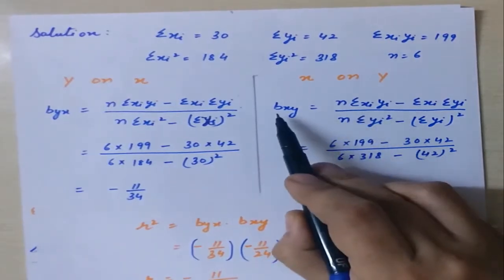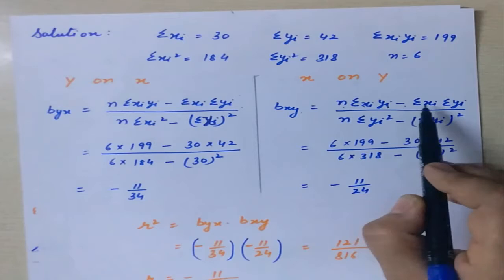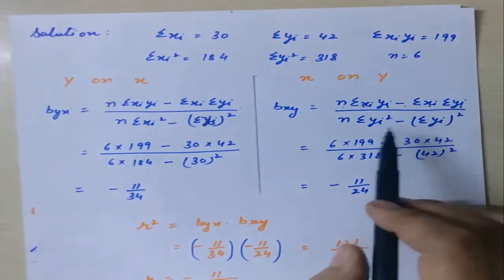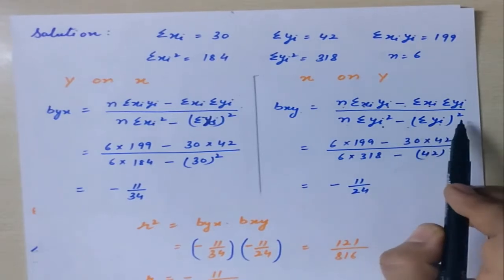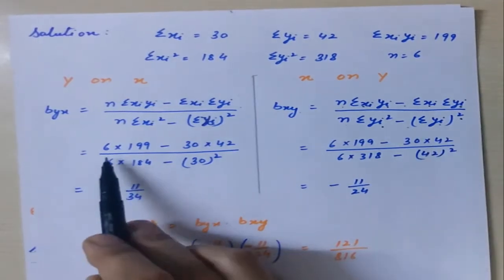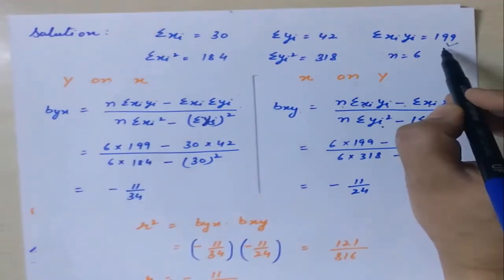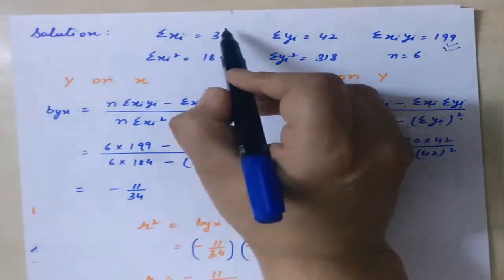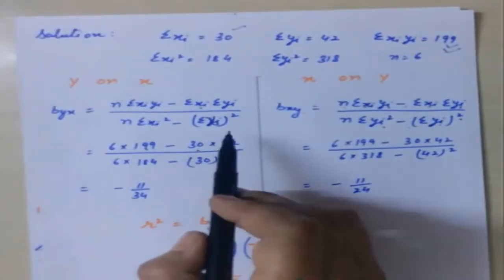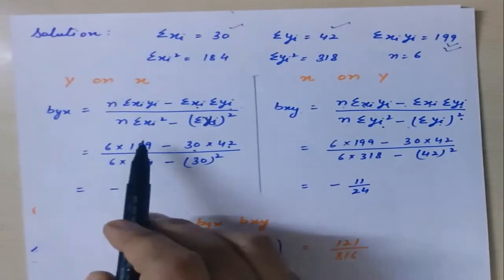Same case, bxy is n sigma xi yi minus sigma xi sigma yi divided by n sigma yi square minus sigma yi whole square. We will put the value 6, sigma xi yi is 199, sigma xi is 30, sigma yi is 42.